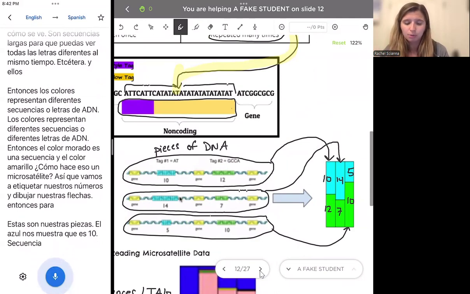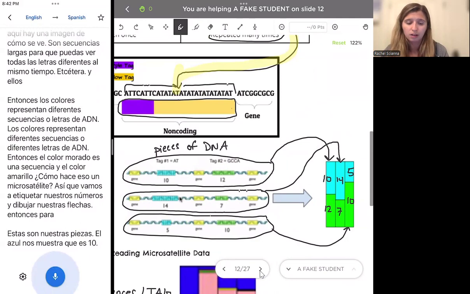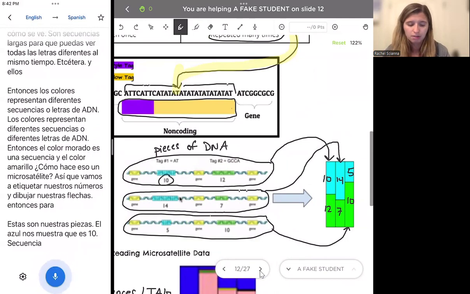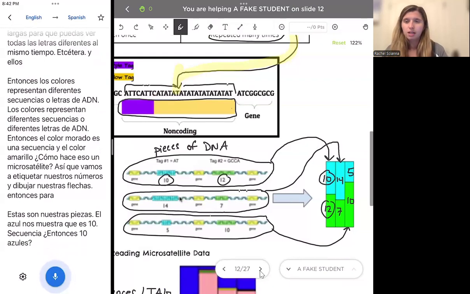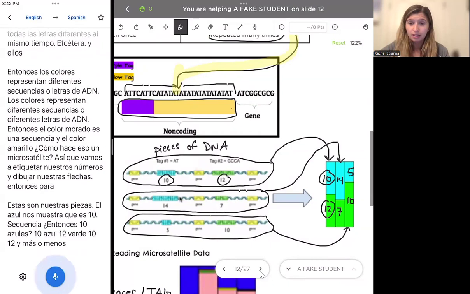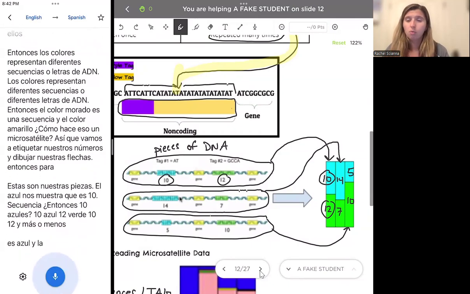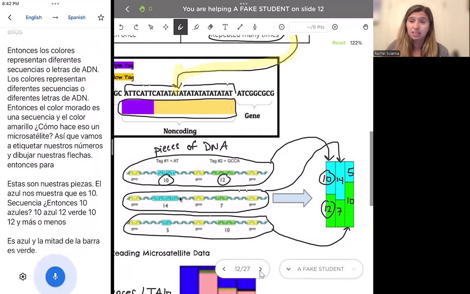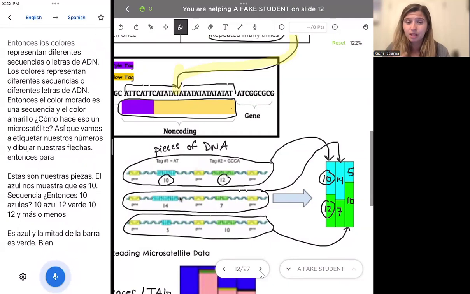So 10 blue, 12 green. About half the bar is blue and half the bar is green, okay? So one bar represents someone's DNA. Another person's DNA, so let's go to the next one.